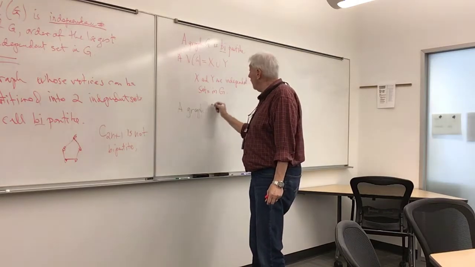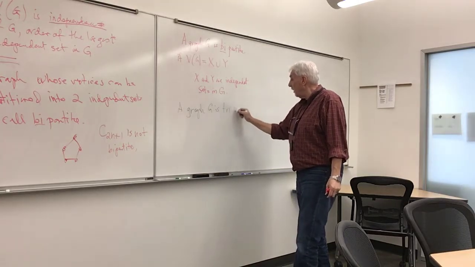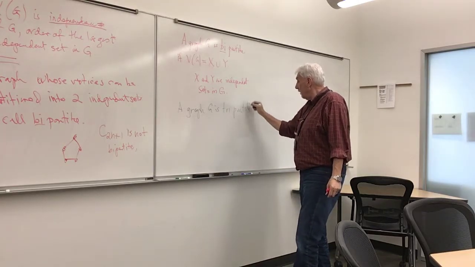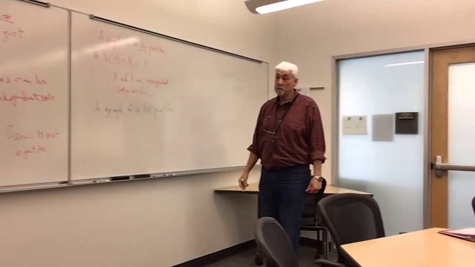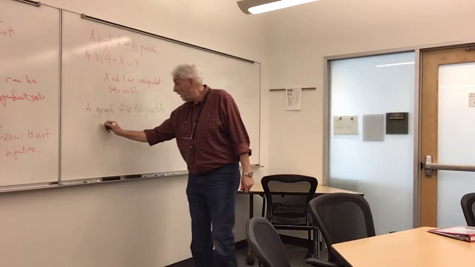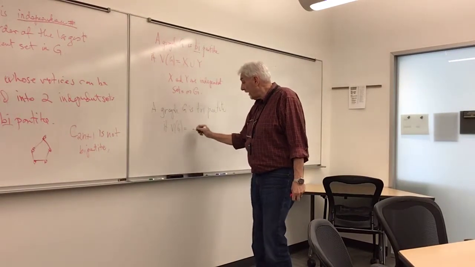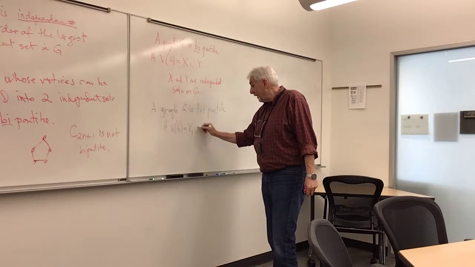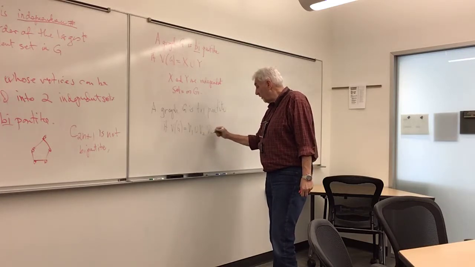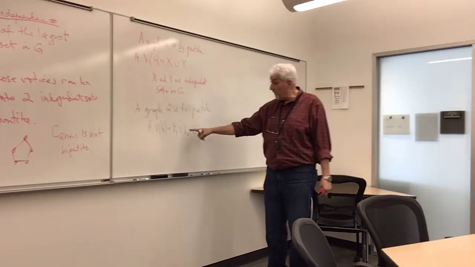A graph G is tripartite if the vertex set can be partitioned into V1 union V2 union V3. I'm putting these dots here because it's a partition.